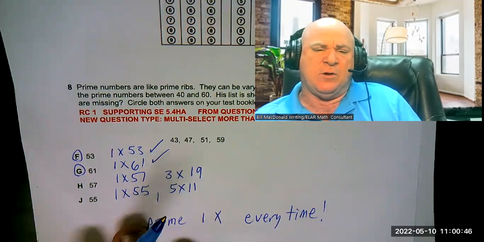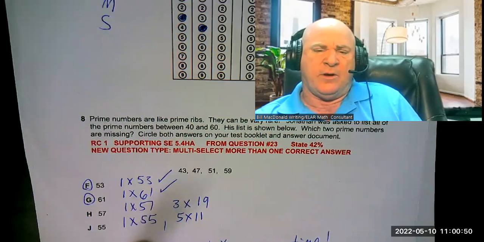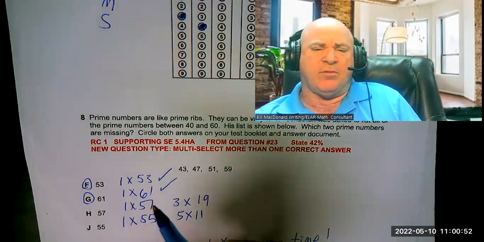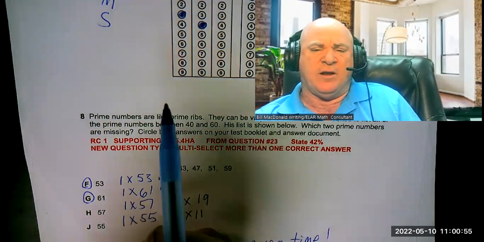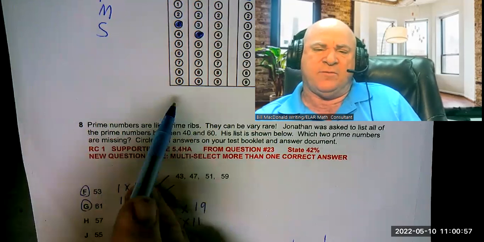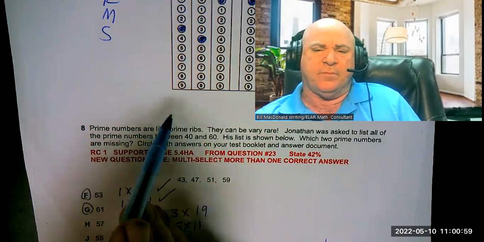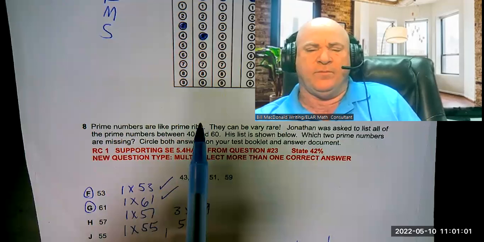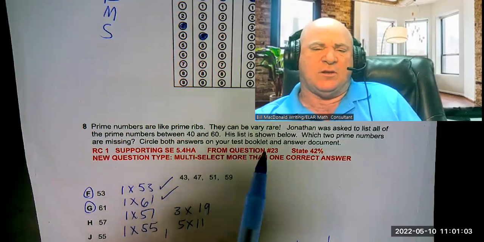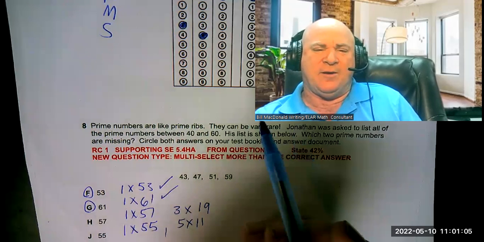And I guess I can go ahead and do it with you since it's just right here in front of you. Prime numbers are like prime ribs. They can be very rare, not to find, but in the way you cook them. But with today's economy and inflation, maybe it would be rare to find prime rib as well.